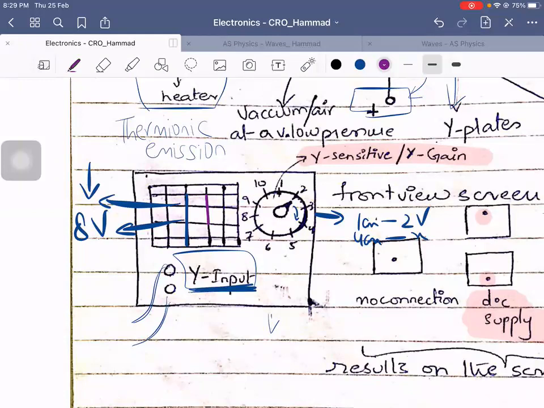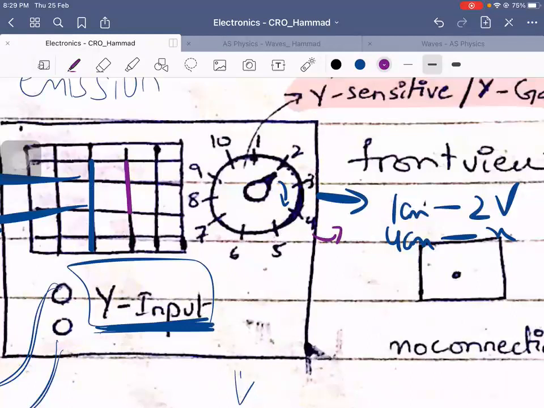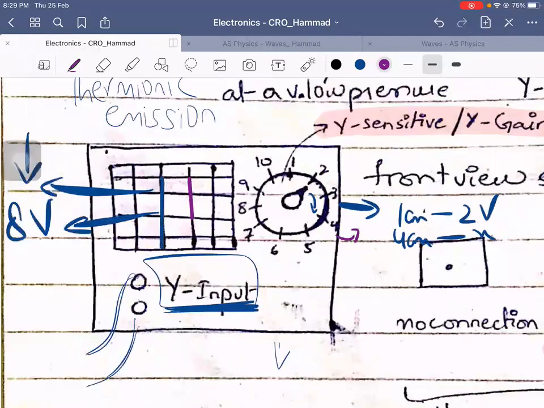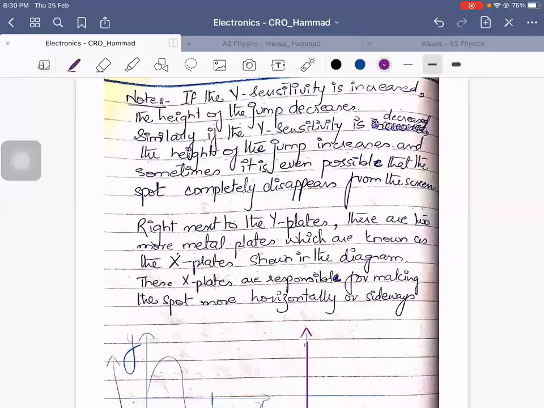And that's why it tends to give a larger value for small boxes. Like for 1 centimeter, if I'm shifting it to 4, that would mean that 1 centimeter now represents 4 volts. So it would need only 2 boxes to tell you that voltage value. Simply, my point is explained here.